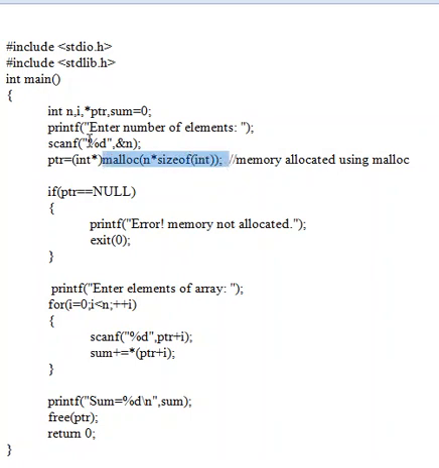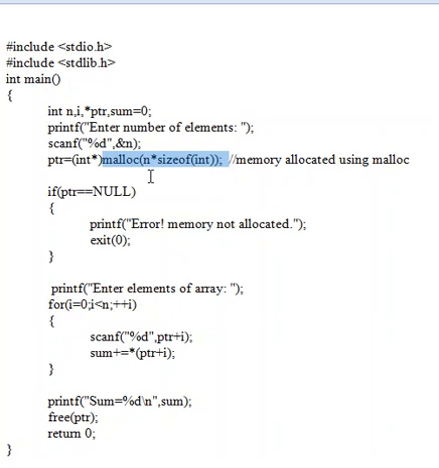Next, malloc function. So here, sizeof int. sizeof is the predefined function. It gives the size of integer data type. For example, integer data type size is 2 bytes, then sizeof int gives the value 2.